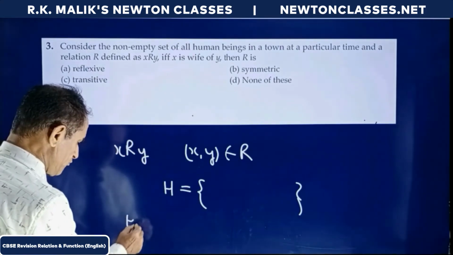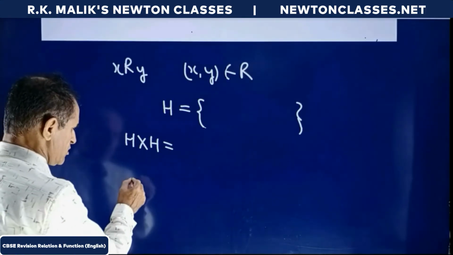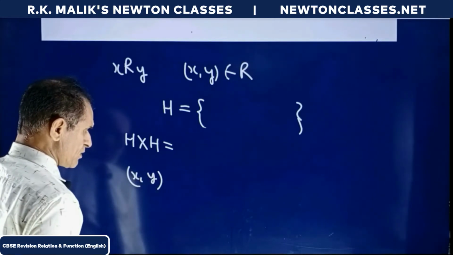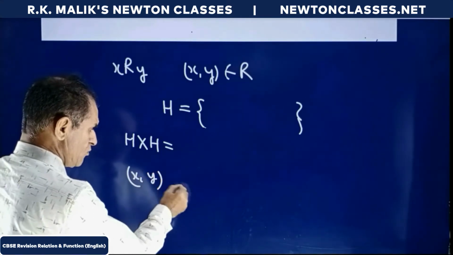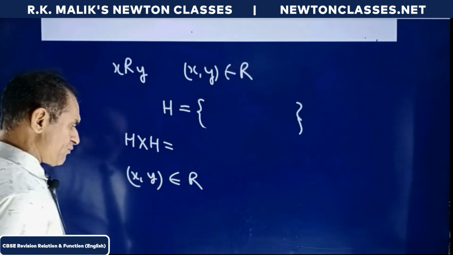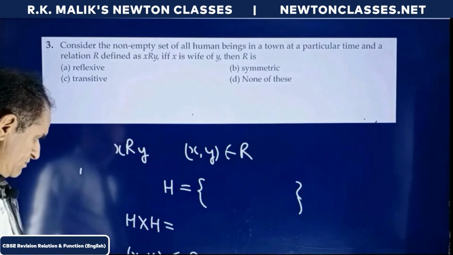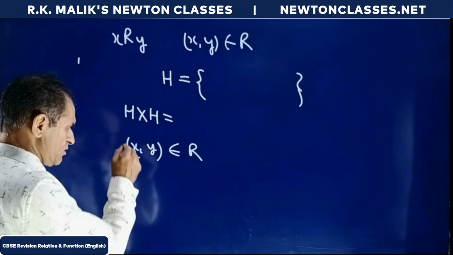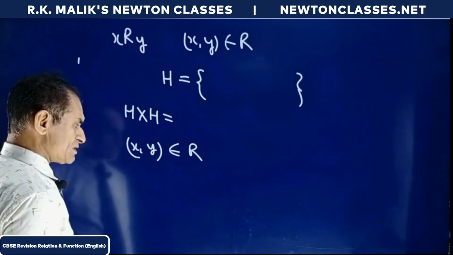We can easily find the set H cross H. The ordered pair (X, Y) of the set H cross H will belong to R if X is wife of Y, as given in the question. That is, in every ordered pair of R, the first will be female and the second will always be male.